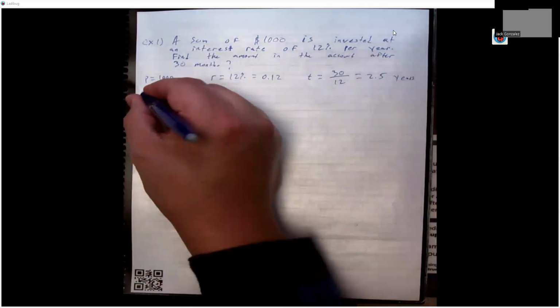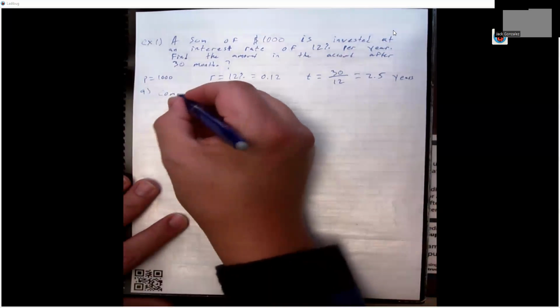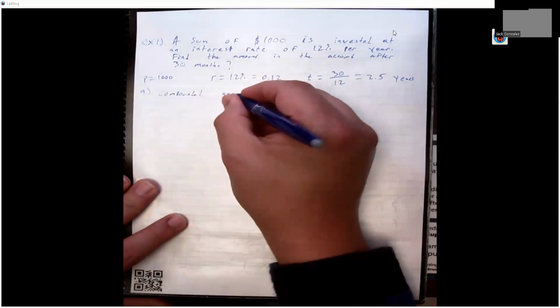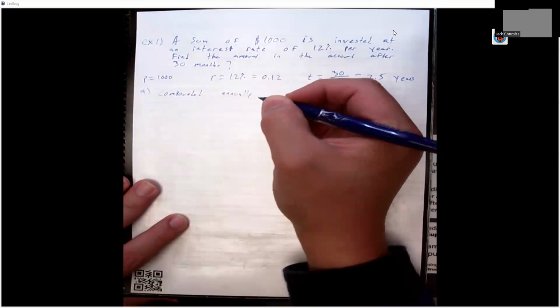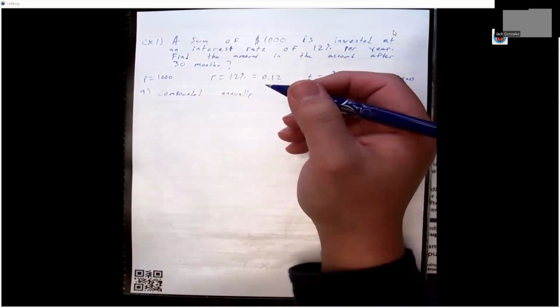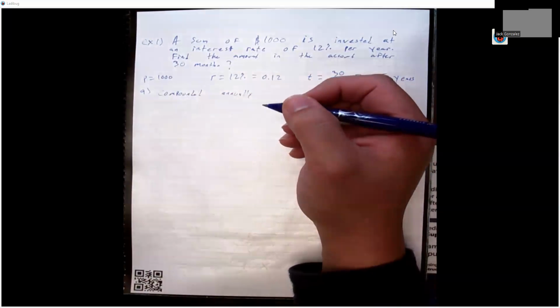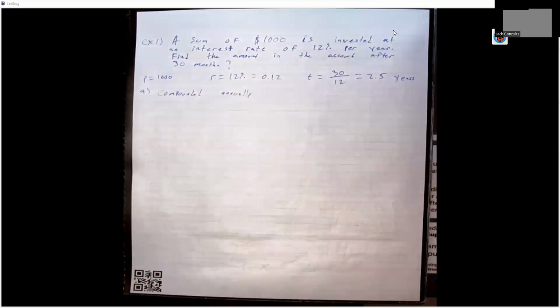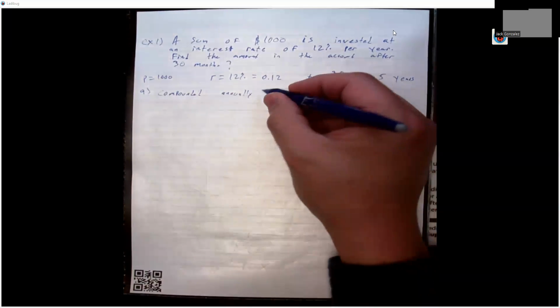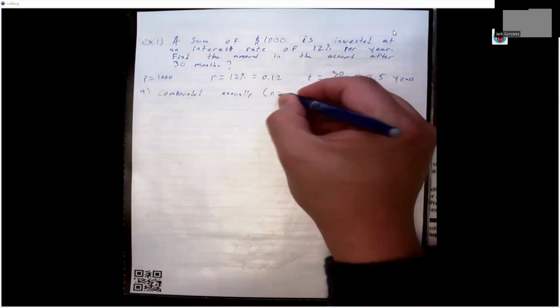Now, part A is going to be compounded annually. So how many times is that compounded per year? So that would be n equals 1, right?